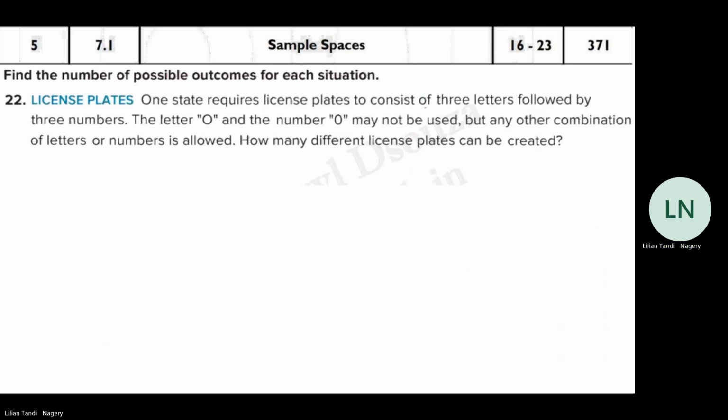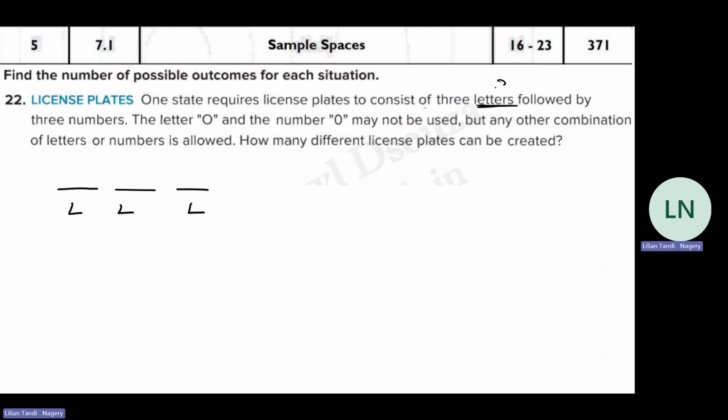Now we have license plates. Okay? And what is it saying there? One state requires license plates to consist of 3 letters. So 3 letters. And how many letters are there in the alphabet?